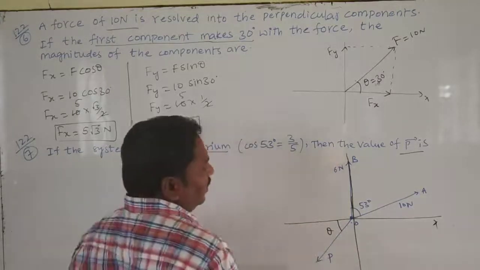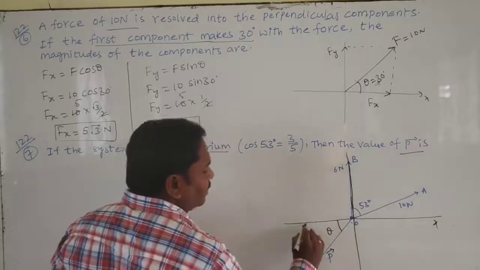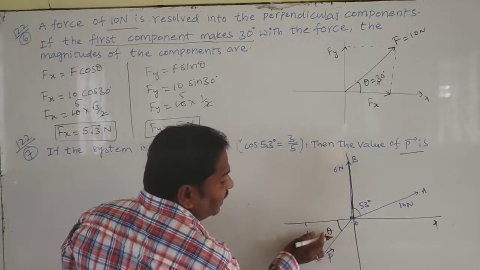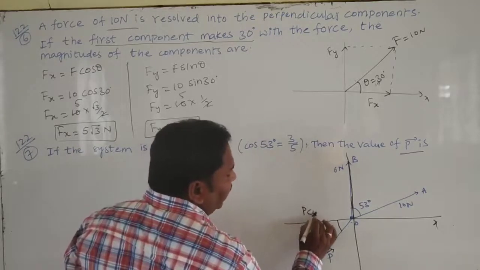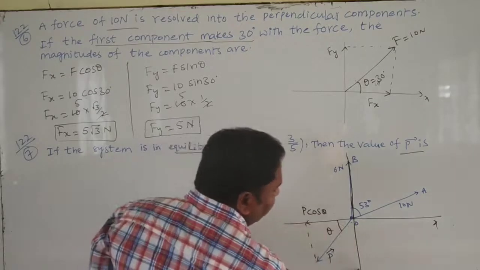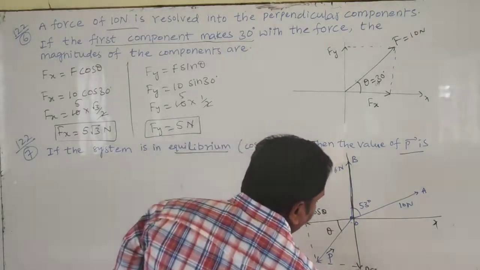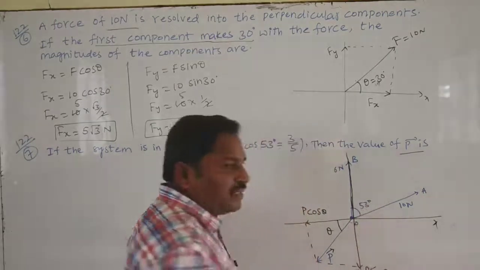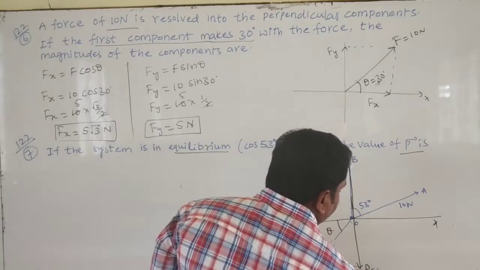Now this vector is resolved into two components. This vector makes an angle theta with the x-axis, so we can write P cos theta in this direction and P sin theta in the other.